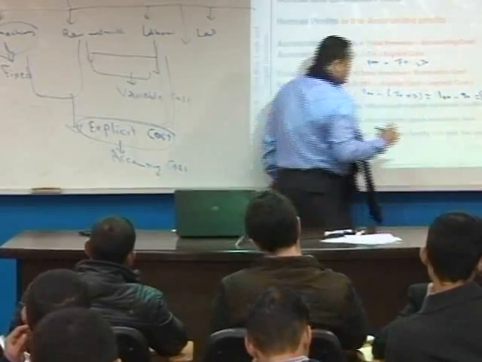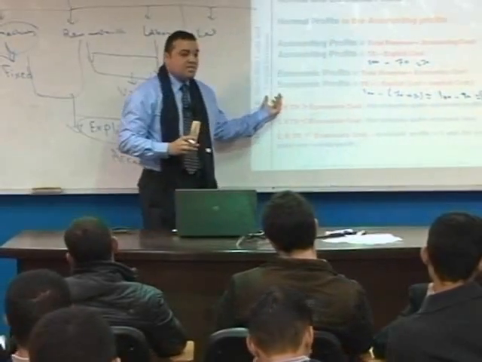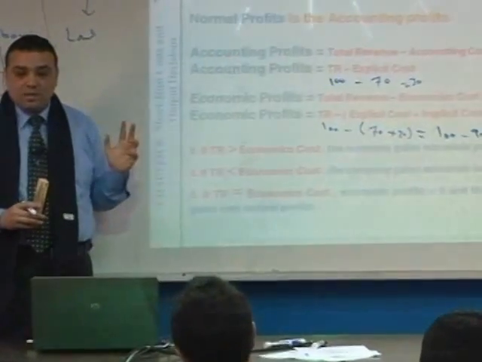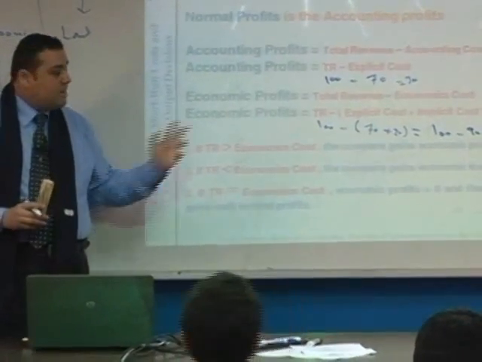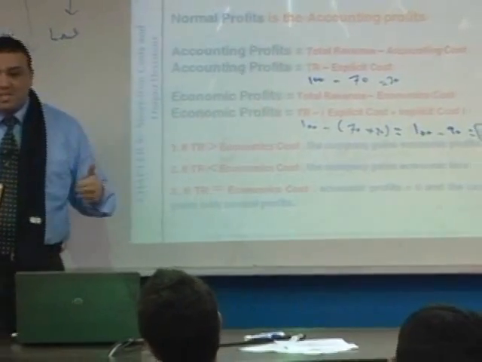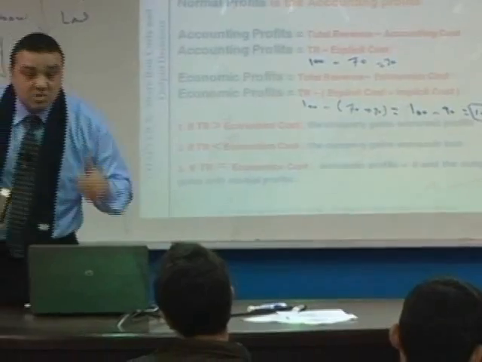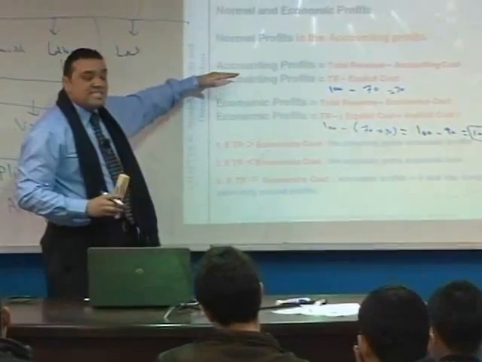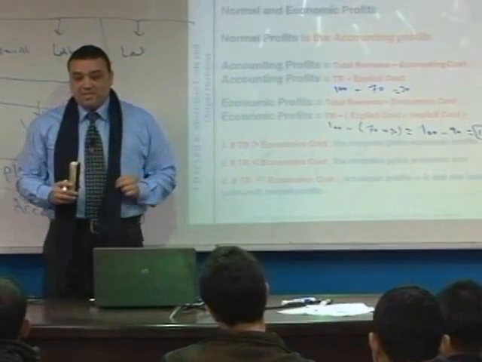So in this case, the economic profits are smaller than the accounting profits if we consider the implicit cost, or if the implicit cost is larger than 0. In this case, the economic profits would be less than the accounting profits, right?